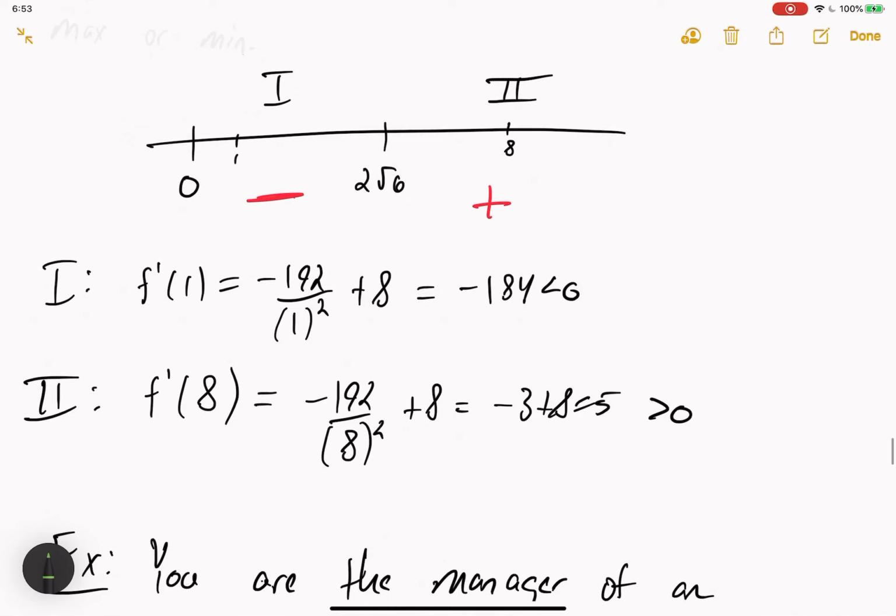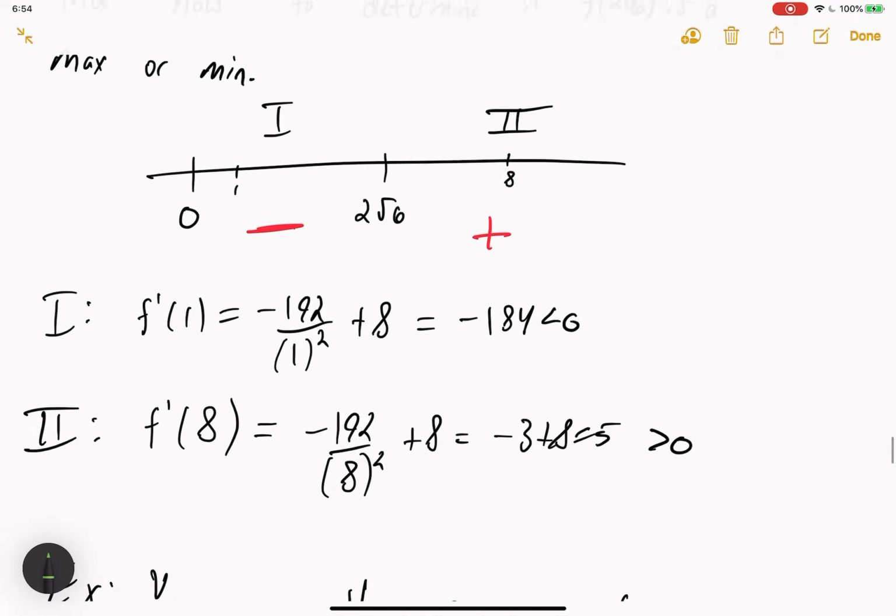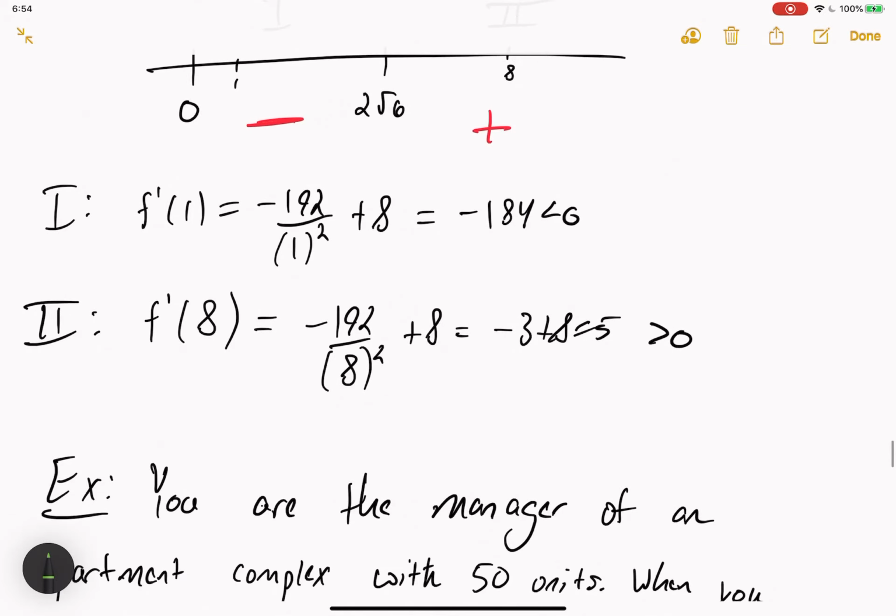We plug in different intervals. f prime of 1 gives us a negative number, and f prime of 8 gives us a positive number. So that tells us it's a minimum, specifically an absolute minimum. So B equal to 2 root 6 gives a minimum of f.